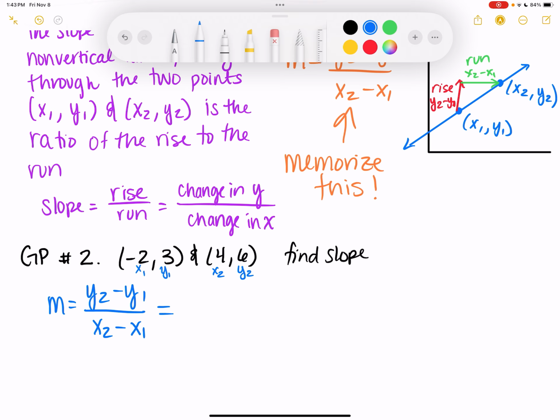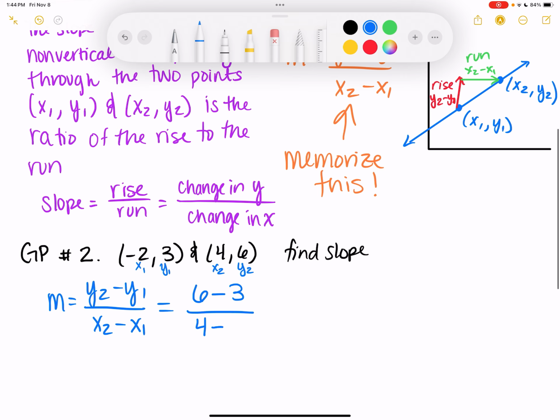So y2 is 6. So I have 6 minus y1 is 3. So on top I have 6 minus 3 over x2, which is 4, minus x1 is -2, so I'm going to put that in parentheses because I've got a negative number. So on top, 6 minus 3 is 3. On the bottom, 4 minus a -2 is what? 6.